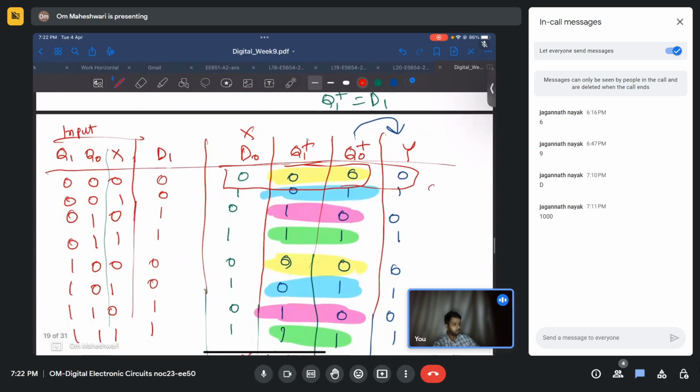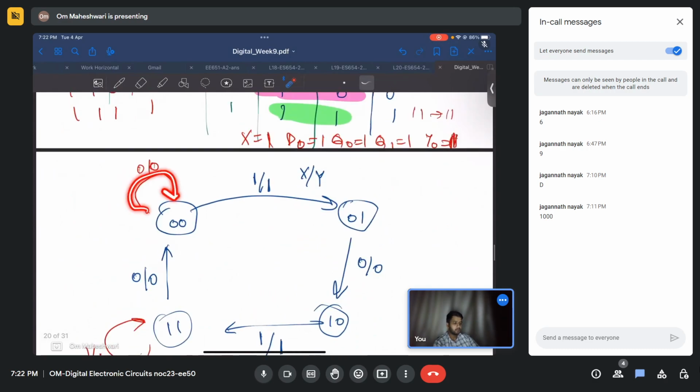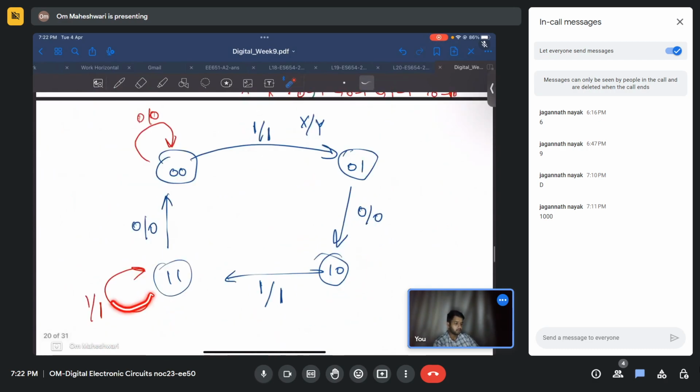Similarly, in 0 0 to 0 0, X is 0, D0 is 0, that means Q0 is 0, D1 is 0, Q1 is 0, and Y is 0. So we will go from 0 0 to 0 0 back if we have X is 0 and Y is 0. So we have two self loops. One is this and one is this.